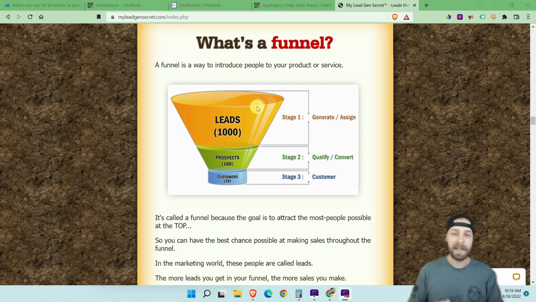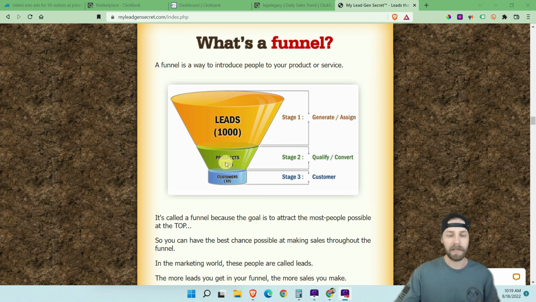You could be reaching out to people that you know or come across, and generating a lead source. That is usually the top of the funnel, and it's usually the biggest, because you're putting this offer in front of them, and whether they decide they're interested or not is what takes it to the next level, which is the prospect level.